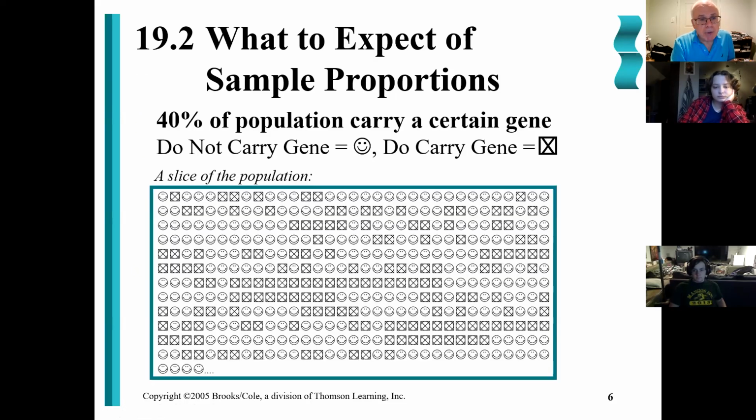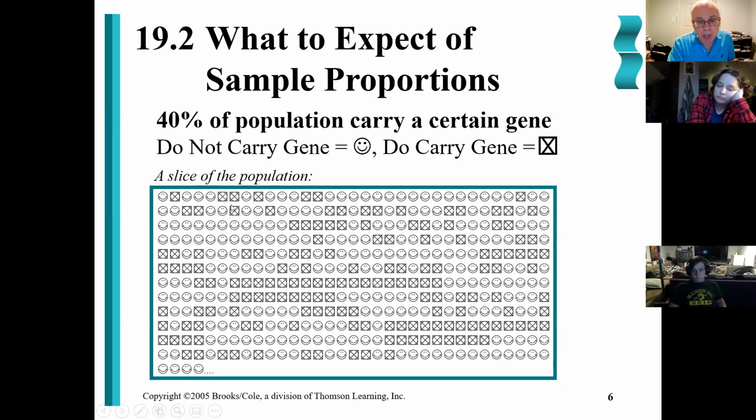All right, so let's look at an example here. Maybe we'll do some examples to see where this is all leading. So suppose we have a population and we do some sort of test and determine if somebody carries a specific gene or not. And so here's a slice of this population, and inside this box are individual people.